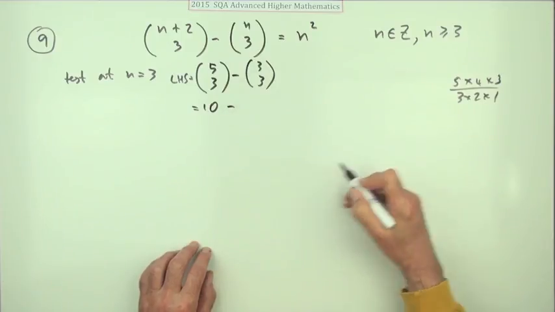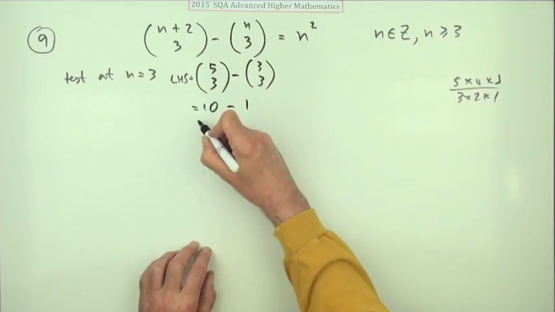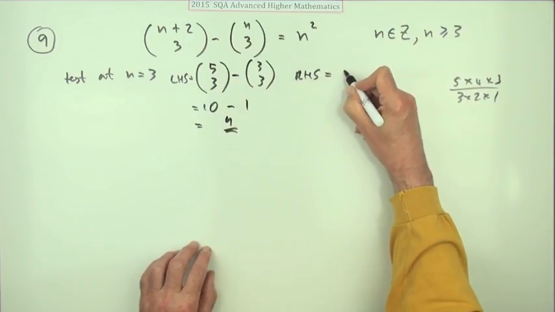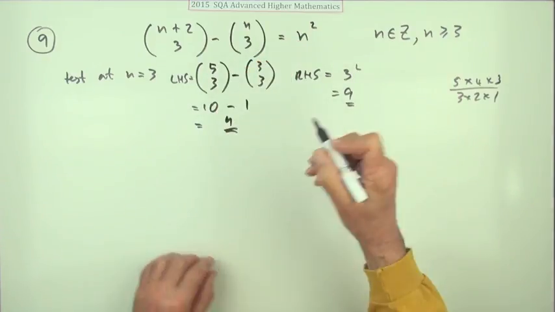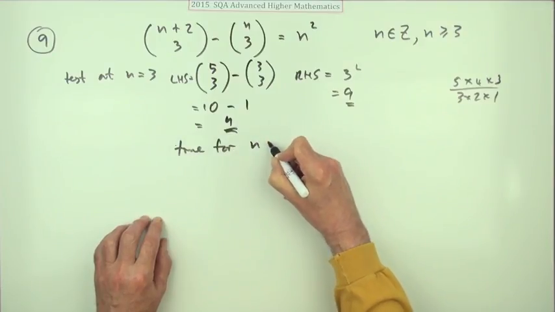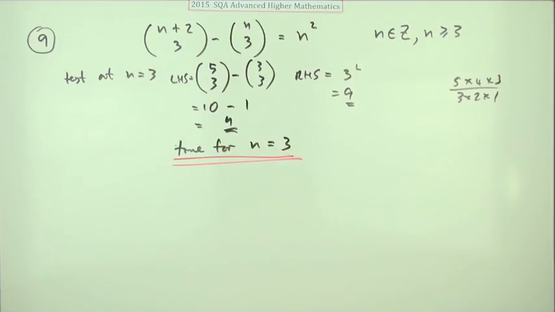And 3C3 would be 3 times 2 times 1 over 3 times 2 times 1, so that's obviously 1. So that comes to 9. The right-hand side is 3 squared. That also comes to 9, so you can say this then for the first mark. So it's true for n equals 3. I omitted to state left-hand side equals right-hand side.